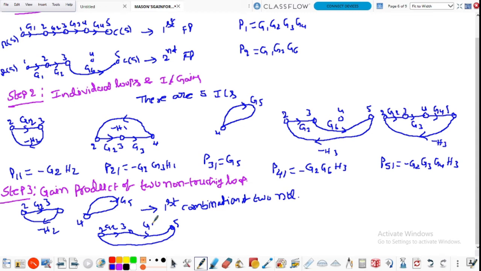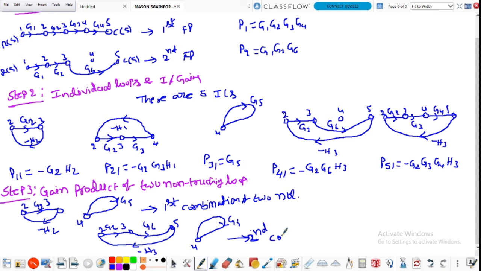So these two loops have no common node, so this is the second combination of two non-touching loops.